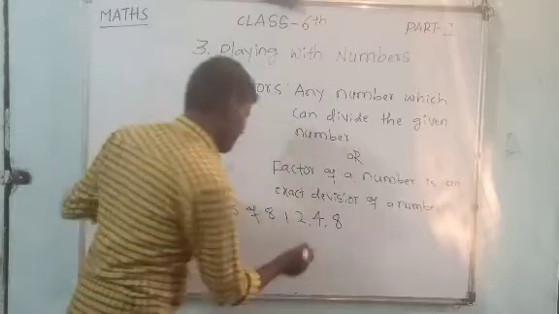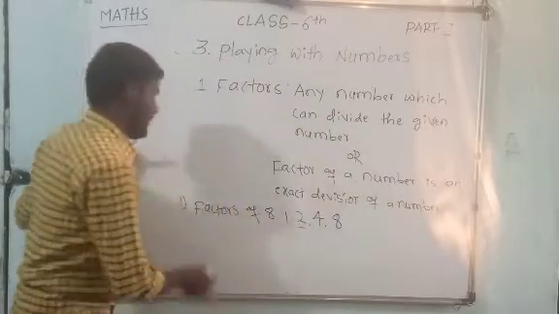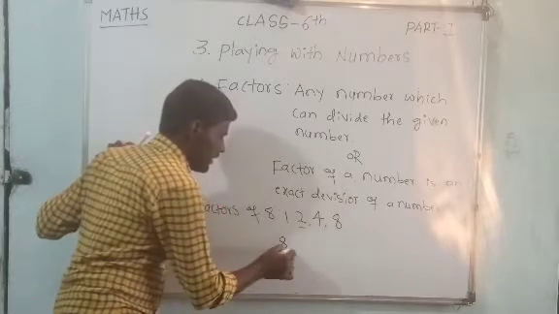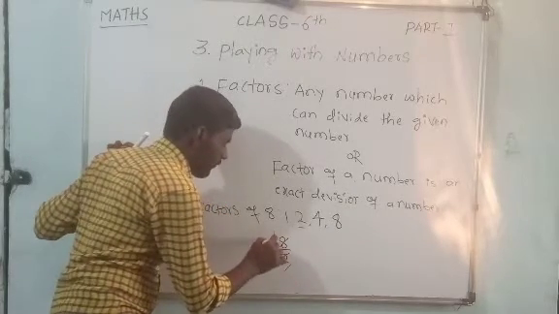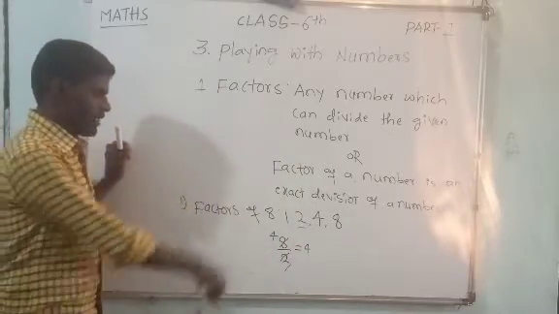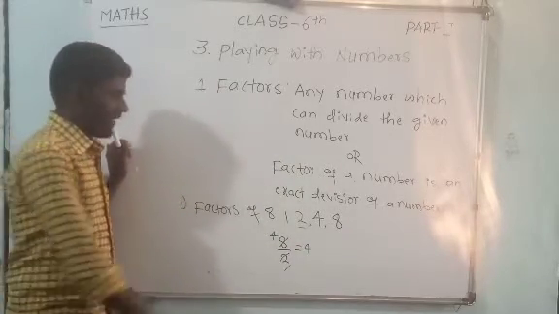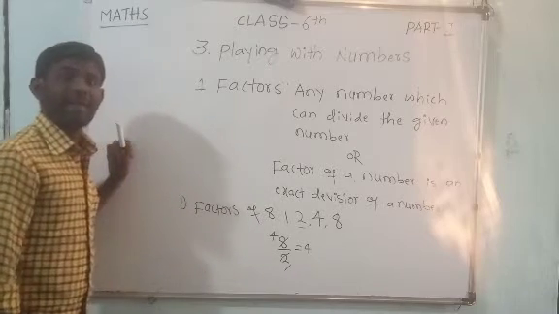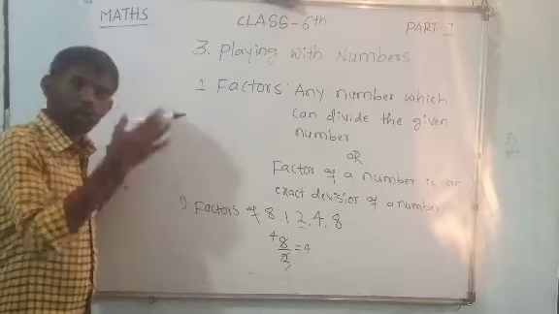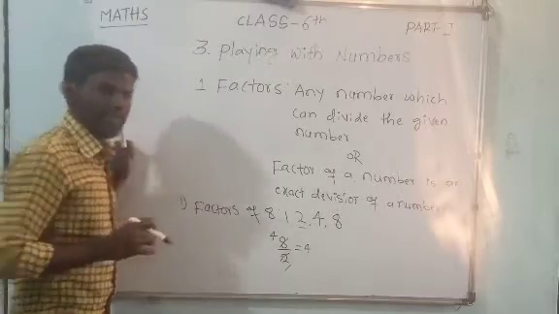Let me take the first one. Divide 8 by 2: 2 ones are 2, 2 fours are 8, exactly, remainder 0, quotient 4. That's why 2 is an exact divisor of 8. An exact divisor of 8 means 2 is a factor of 8.